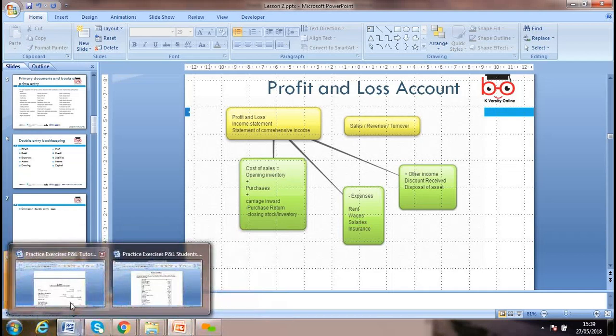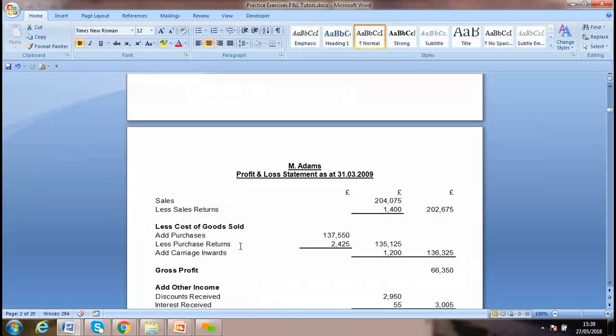So purchases we've been given the figure in the trial balance. Purchase return we minus from the purchases, and we add the carriage inward. The figure comes as the cost of sales. Cost of sales means how much it cost me to manufacture or buy, and how much I sold.